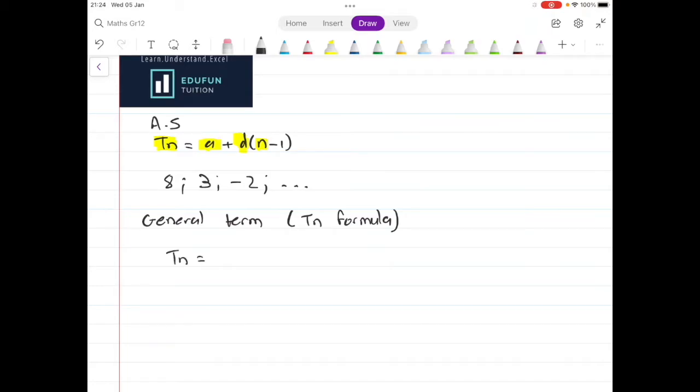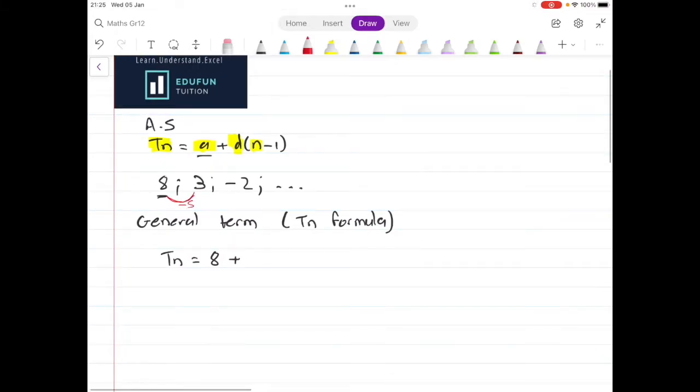The a value is 8 plus the difference, and obviously here the difference, we always take it from term 2 minus term 1. The difference here is going to be minus 5. So we put that as the difference that we're dealing with now, minus 5 into n minus 1.